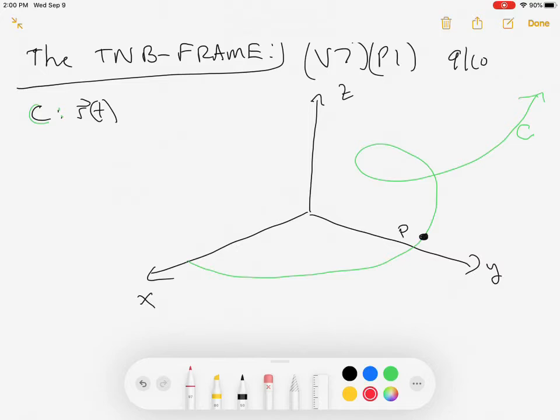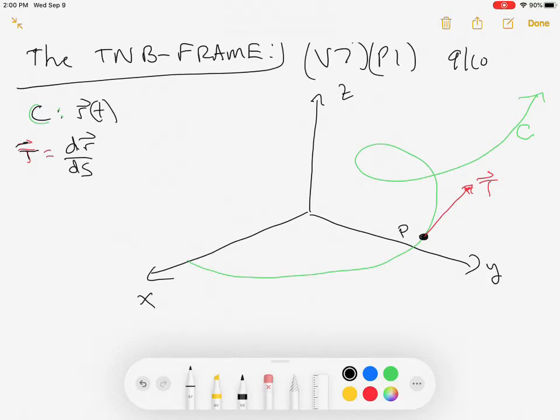Now coming off of this, of course, is our capital T, our tangent vector, which we know how to compute. Capital T is equal to dr/ds. All right.